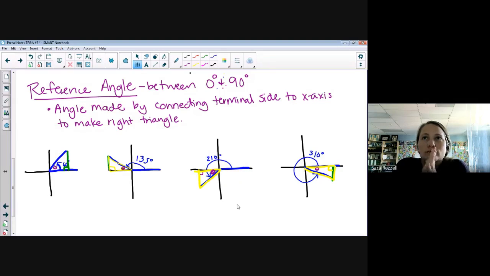The first one's easy, it's just 60. About 20 more seconds for you to kind of think about it. How would you figure it out?